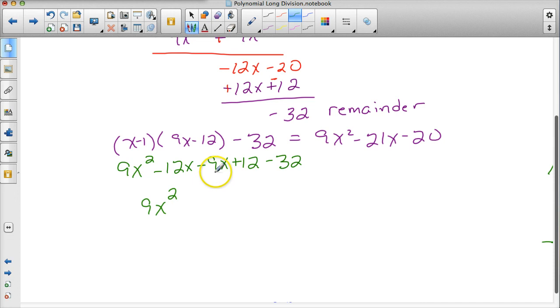Negative 12 minus 9 is negative 21. So I have negative 21x. And a positive 12 plus a negative 32 is negative 20. You can see that I did get the answer I started with. Please take the time to pause and re-watch the parts of this tutorial that you don't understand.